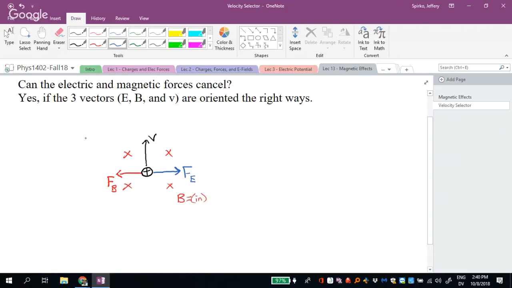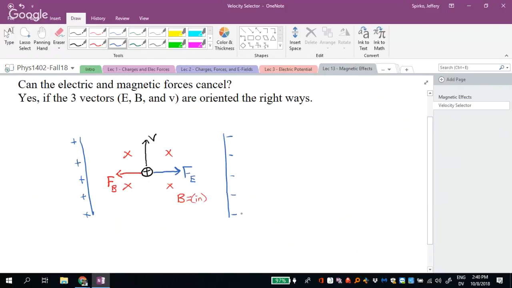So let's build a little plate, another little plate, two sheets of metal. Sheets of metal are pretty common things. And on this one, we're going to put a couple of plus charges. And on this one, we're going to put a couple of minus charges.